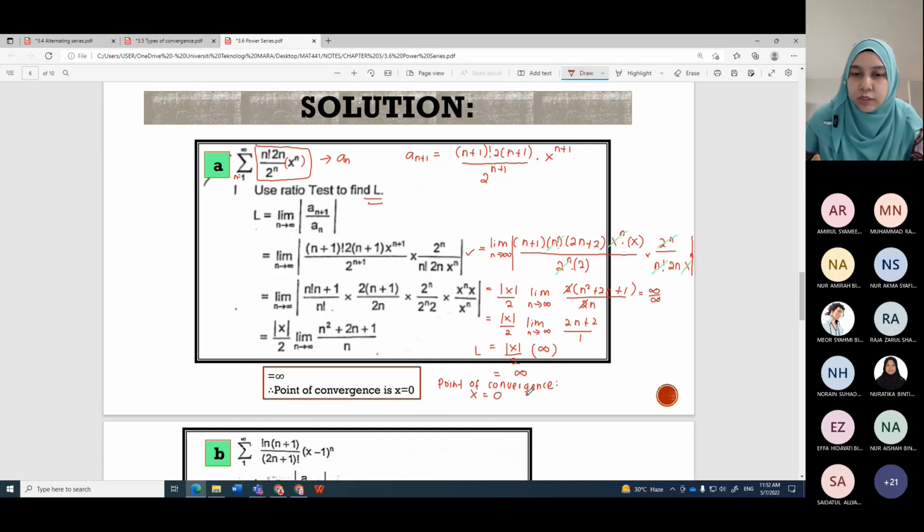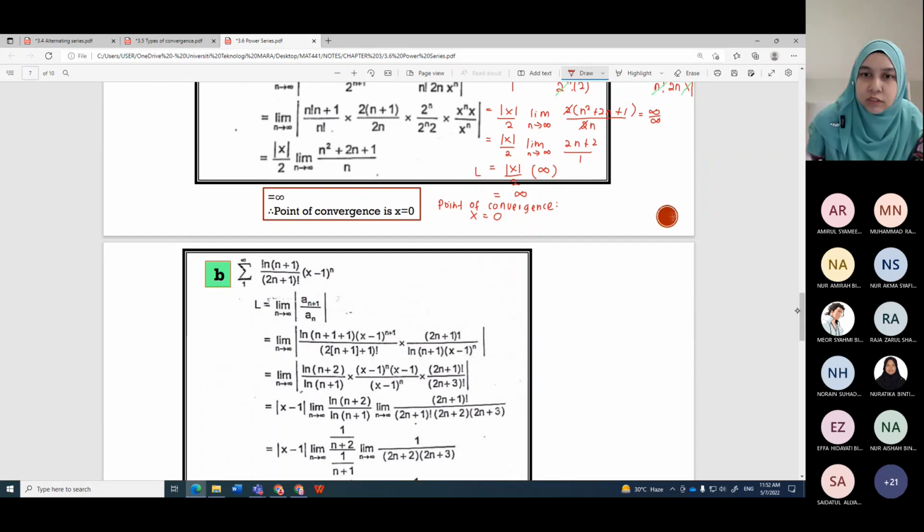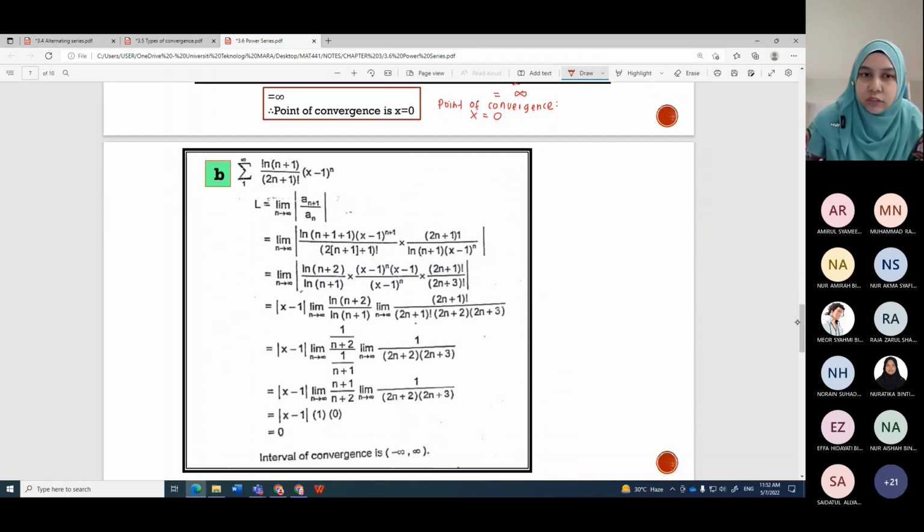So this series converges when x is equal to 0. Iaitu yang A, first example untuk L, if L equal to infinity.